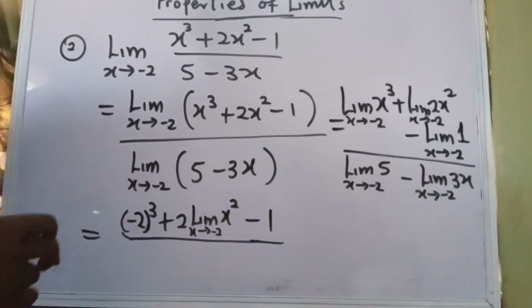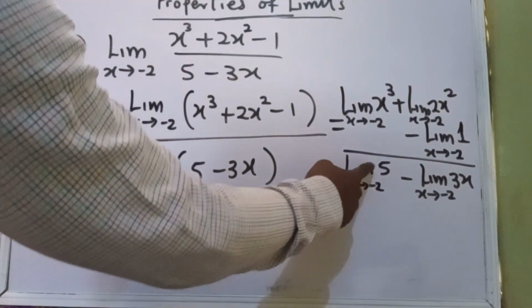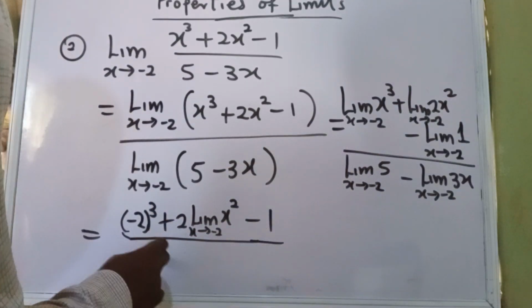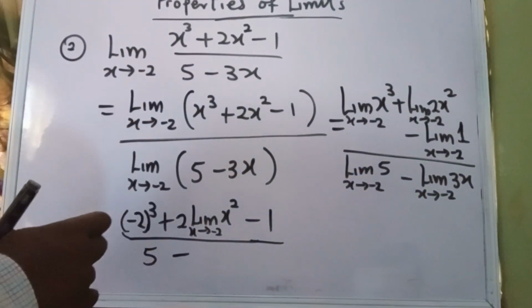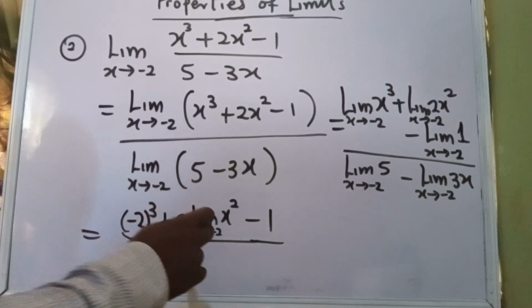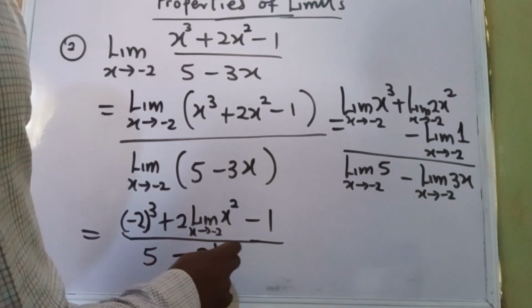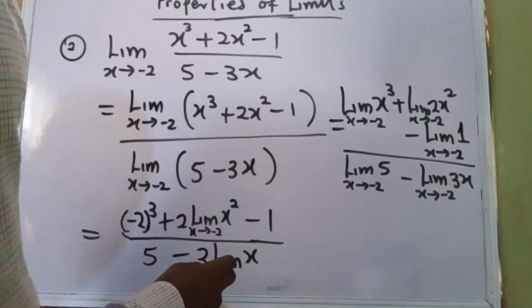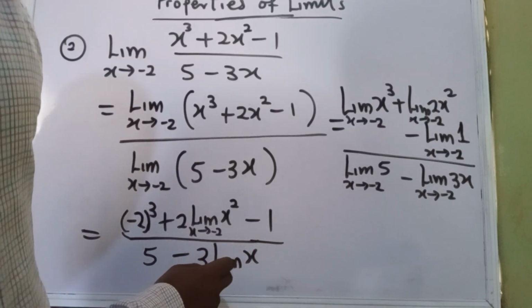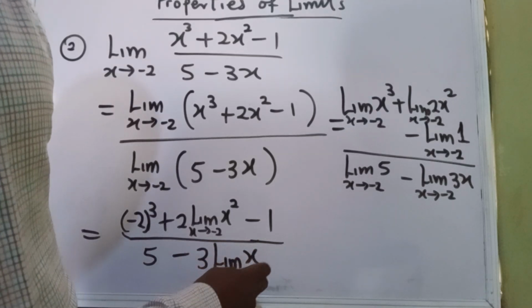So again, this is a constant, so the limit of a constant is also a constant. Here we also have a scalar, so the scalar can come out first, so that we have 3 limit of x as x tends to negative 2.